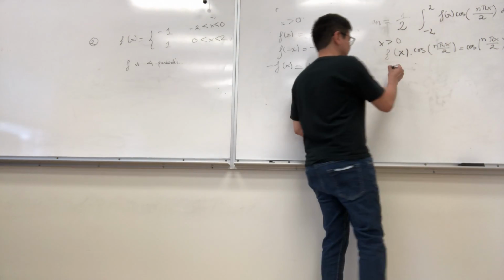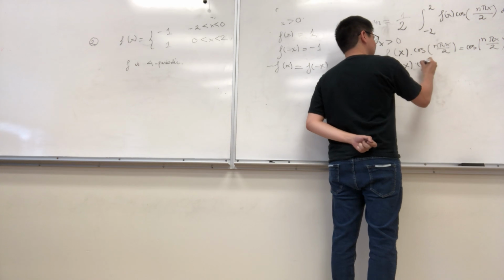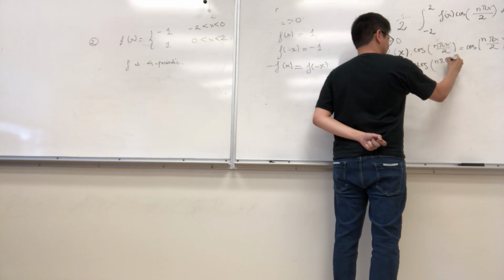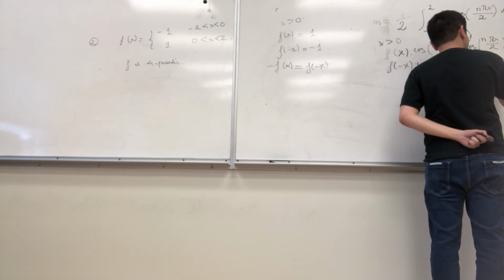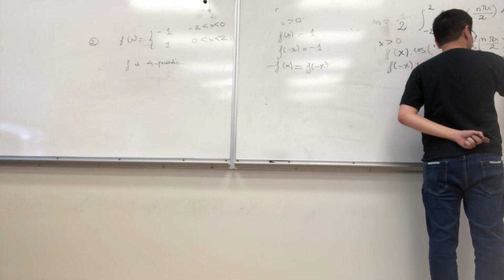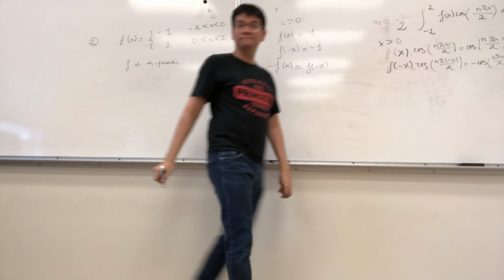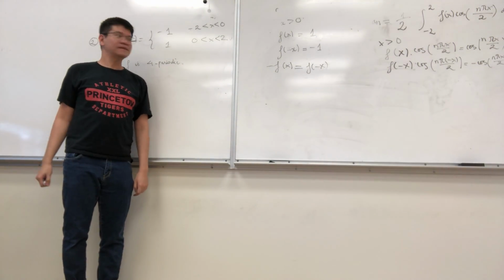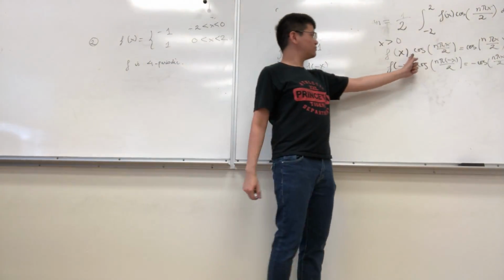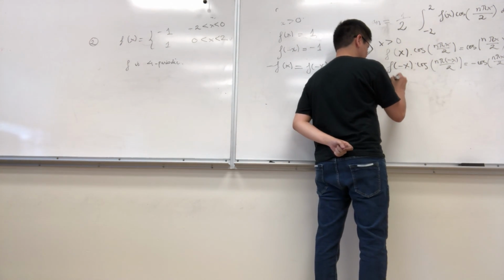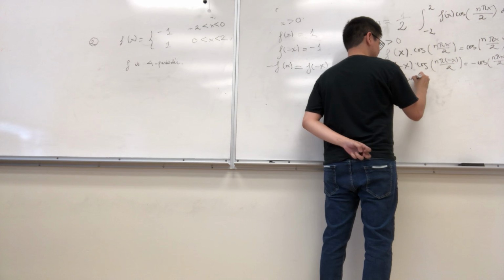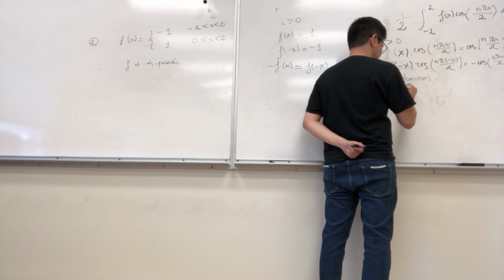But for f of minus x, cosine of n pi times minus x over 2 is going to be minus cosine of n pi x over 2. So this is minus of this guy, so this is an odd function. So a_n is going to be 0.